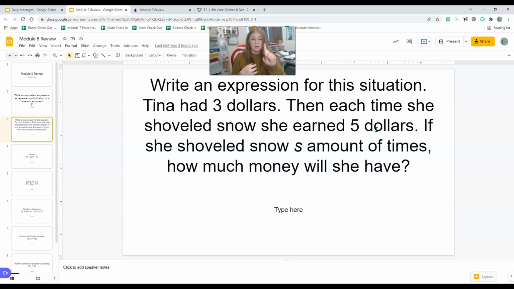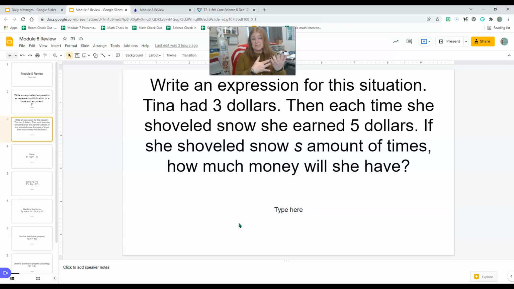So she shovels snow 1 time, she gets 5. She shovels snow 2 times, she gets 10. She shovels snow 3 times, she gets 15. If she shovels snow S amount of times, we do not know how many times she has shoveled snow. How much money will she have? All right, so she's starting with 3, and she's adding on 5 S's.